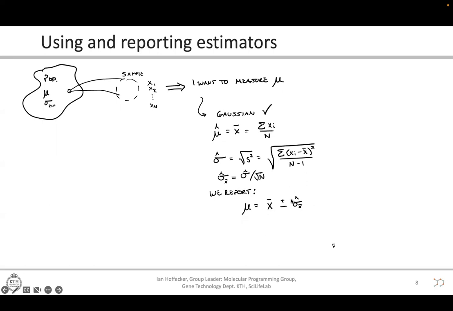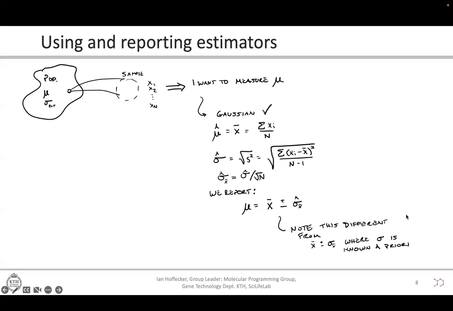And so how would we report this? What would this look like? So we would report x bar here, plus or minus our estimated standard error of the mean. Note that this is different from the situation where we know sigma a priori.